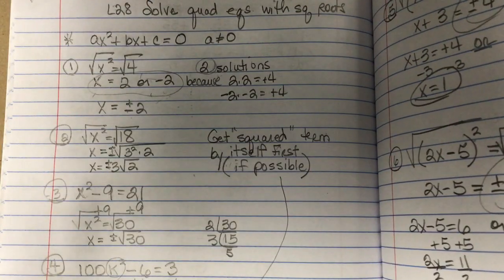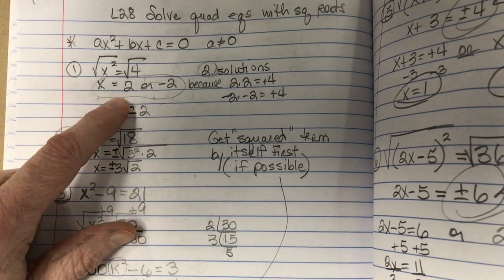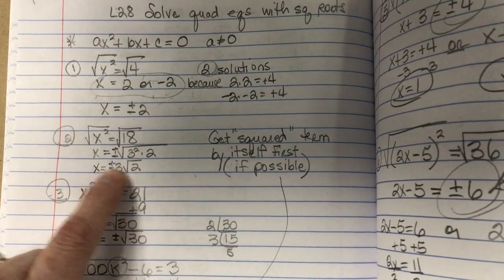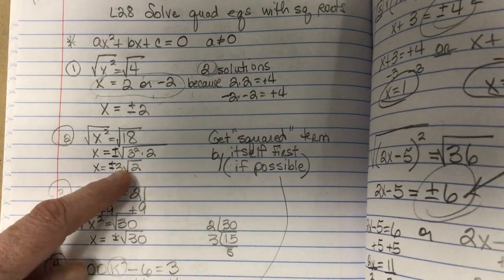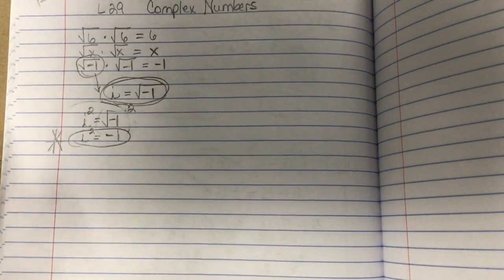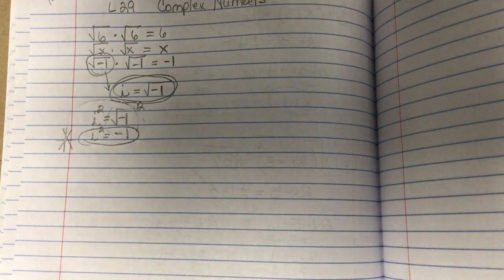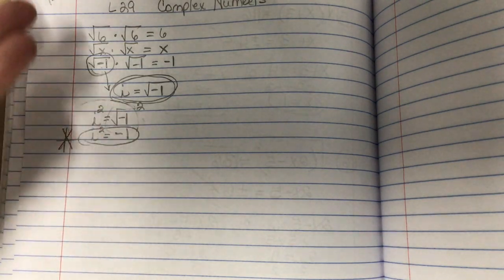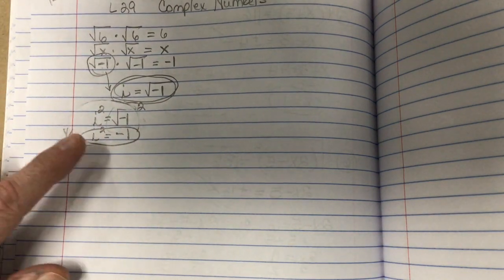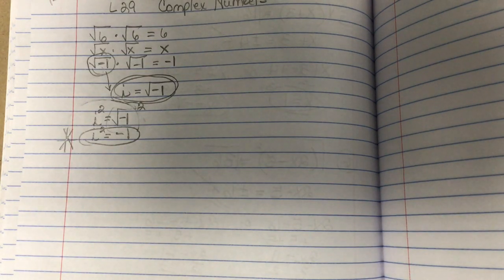See, as quadratics, this one would have factored, this one wouldn't, because it had irrational answers. It had a radical. And so what you have to recognize is that i's are radicals. They're square roots. They're just square roots of negative numbers. So as we go through them, that's what you want to recognize. But i's are going to act like variables as long as you're not raising it to a power.